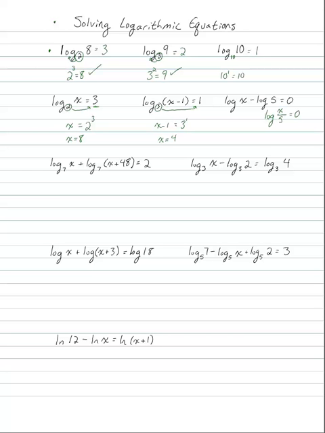Now I can try writing exponential form. My base is 10, so I can take my 10, swing it over, and pop up that 0. I get 10 to 0 equals x over 5. Anything to the 0 is just 1, so x is just going to equal 1 times 5. Multiply my 5 over. And that's it.